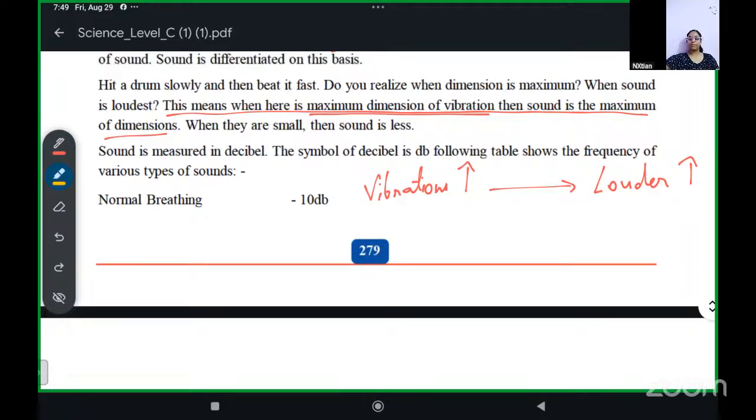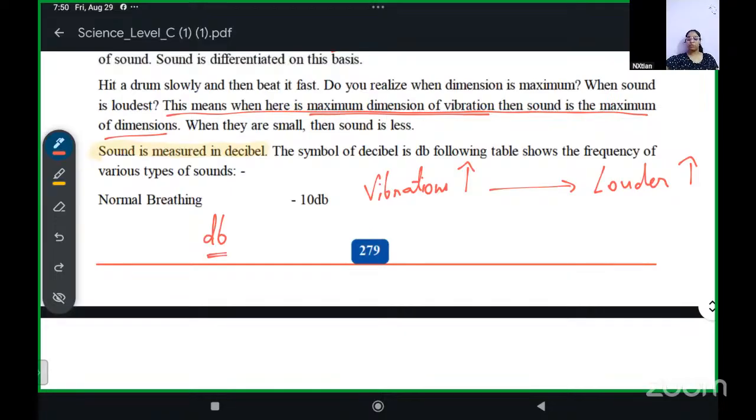Then we have the measurement of sound. Sound is measured in decibel. We have units of measurement for various things. For sound, it is decibel. For frequency, it is hertz. The symbol of decibel is dB.